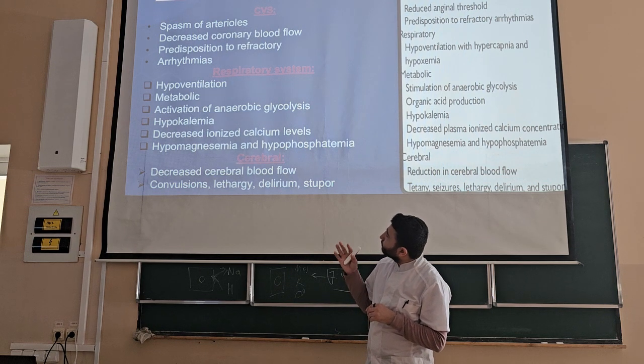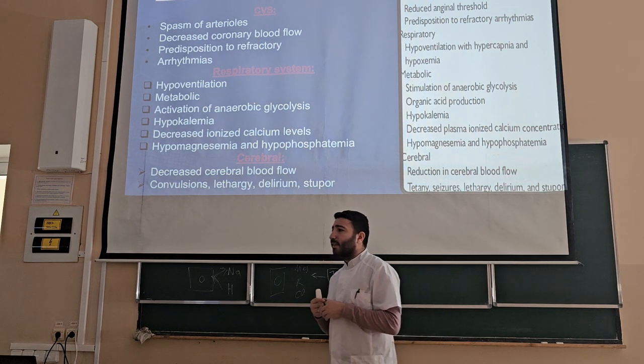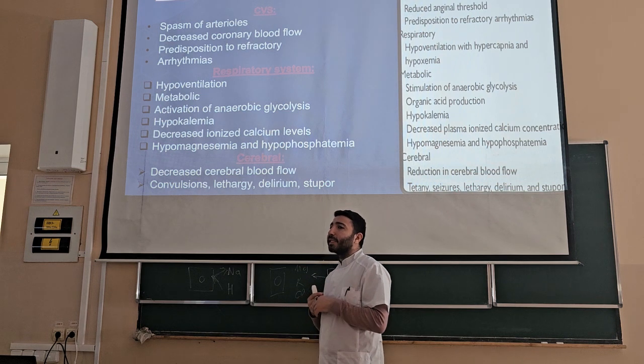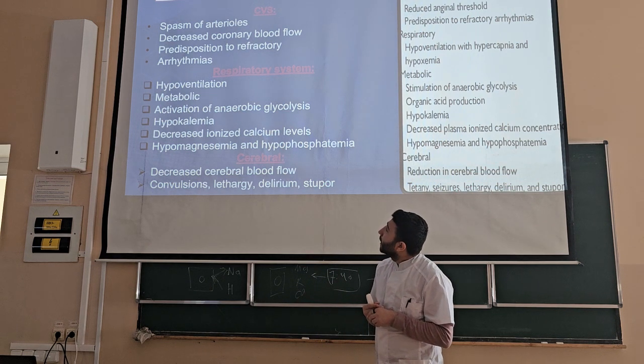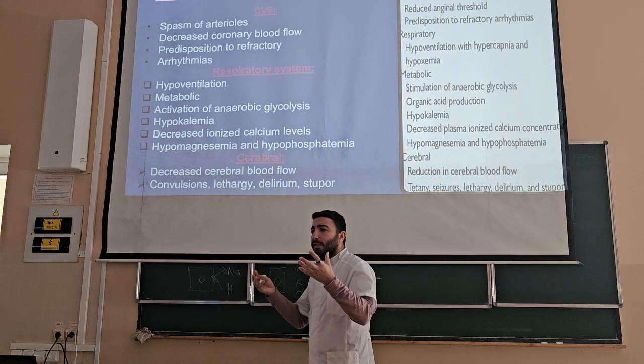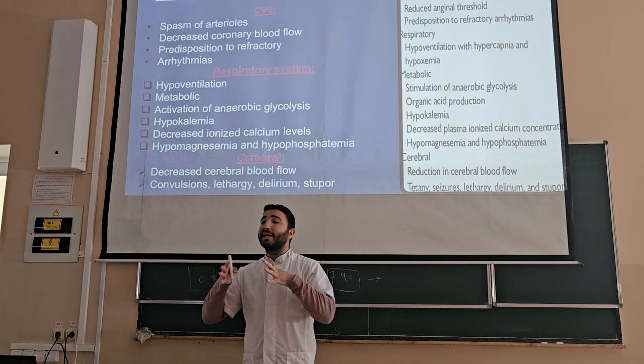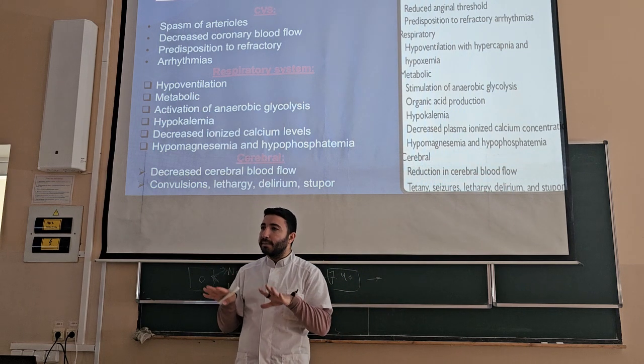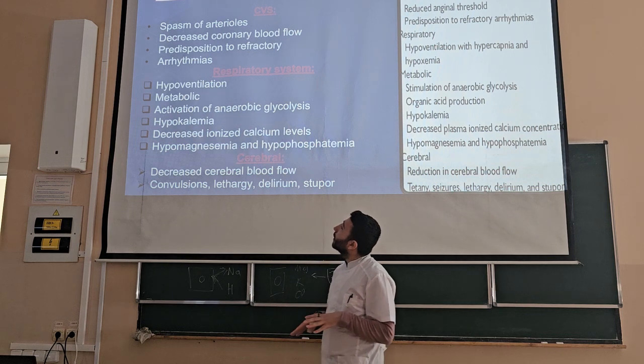As well, arrhythmia will appear in this case. In the respiratory system, guys, there will be hypoventilation, not too much breathing, and the respiratory rate will be decreased as well.